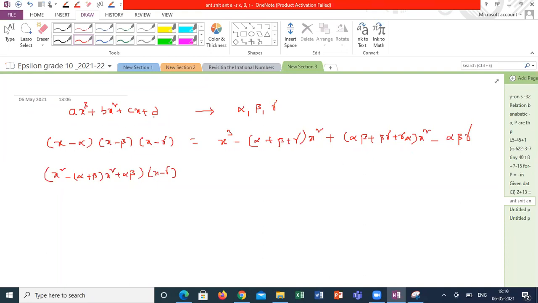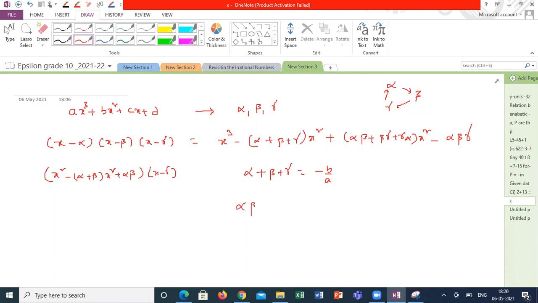If I am comparing this, sum of the zeros will be equal to minus b by a. Product of the roots I can't say here. Sum of the product of the zeros 2 at a time. There are three combinations: alpha beta, beta gamma, gamma alpha, 2 at a time.